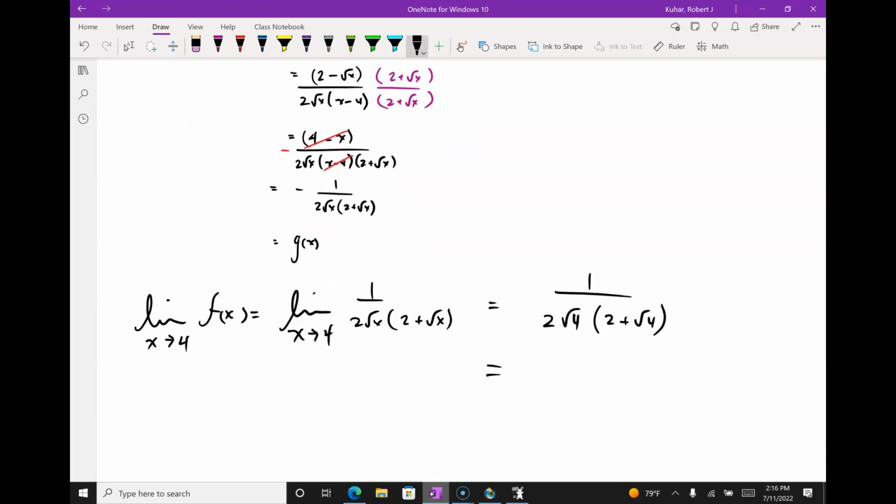So it looks like I get, oops, and it's a negative, sorry. So I get negative 1 over 2 times 2 times 2 plus 2. I get negative 1 over 4 times 4. I get negative 1 over 16. Anyone get it? Uh-oh. No one?